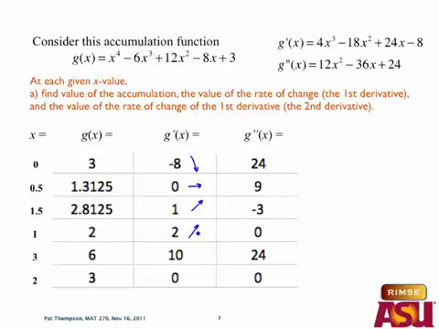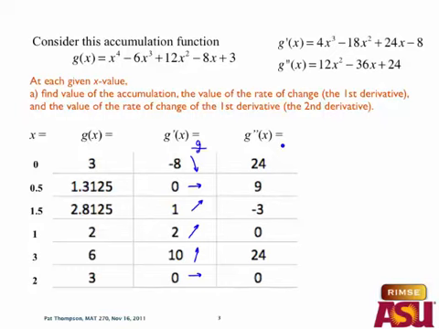Same thing here, but now the output is increasing 10 times as fast as the input. And then a 0 again means that momentarily, when x equals 2, the accumulation pauses and doesn't change. So again, what I'm drawing is all about making deductions about g. This is what g is like given those values.